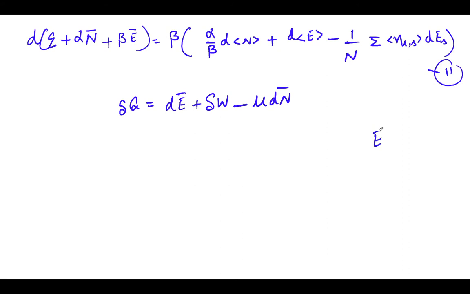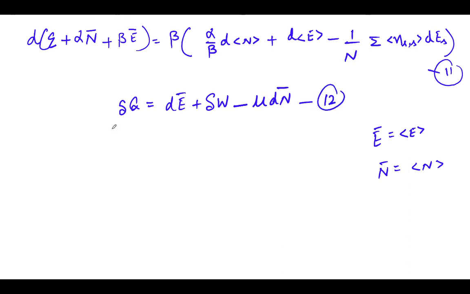Here E bar represents the expectation value of energy per system, and N bar represents the expectation value of the number of systems. Now compare this with the equation for q which we introduced. Let us say this is our equation number 12.